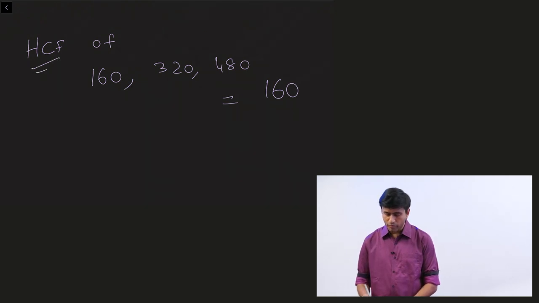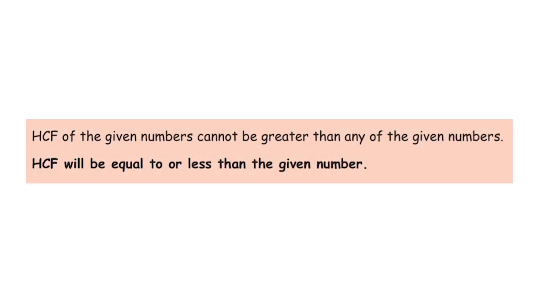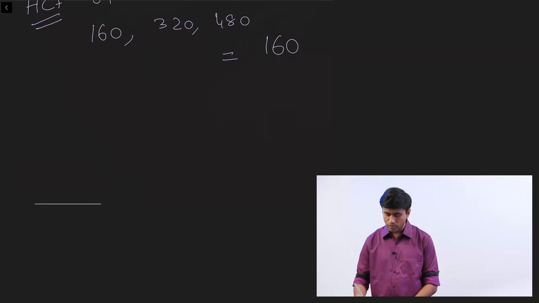Let me tell you a couple of properties of HCF. Number 1: the HCF of the given numbers cannot be greater than any of the given numbers. In other words, HCF will be equal to or less than the given numbers. For example, look at 160, 320, 480.